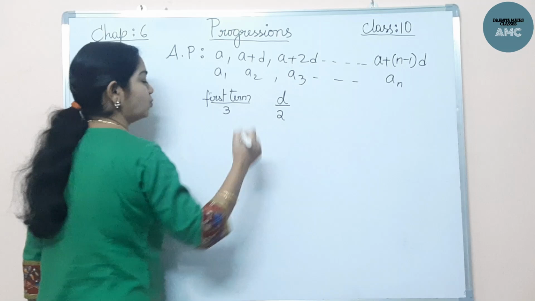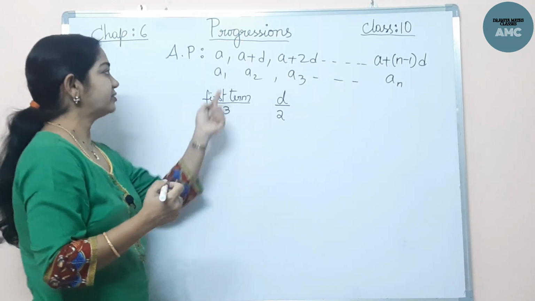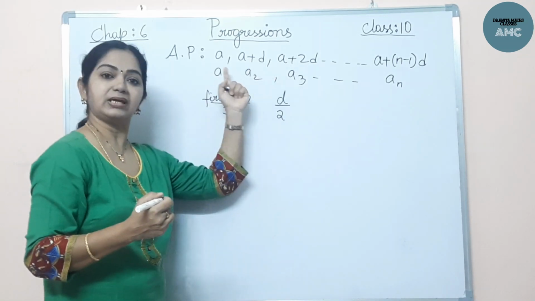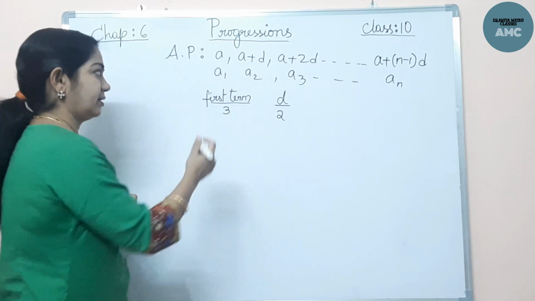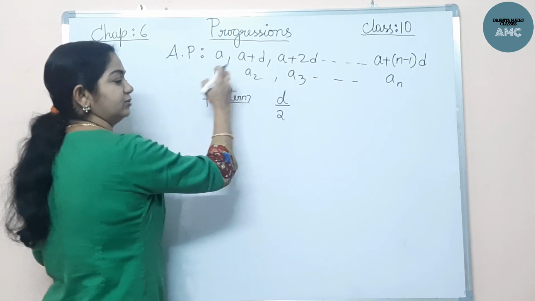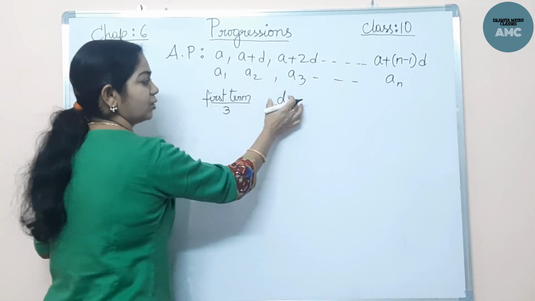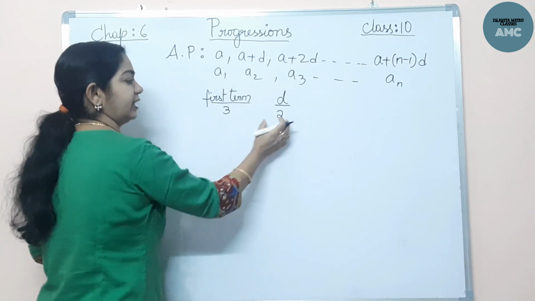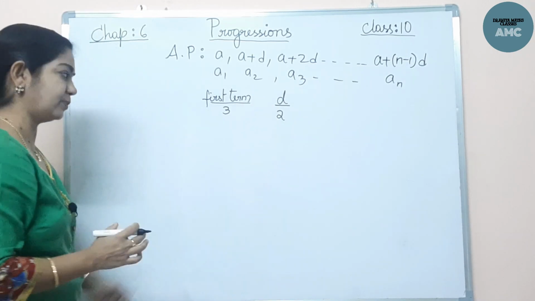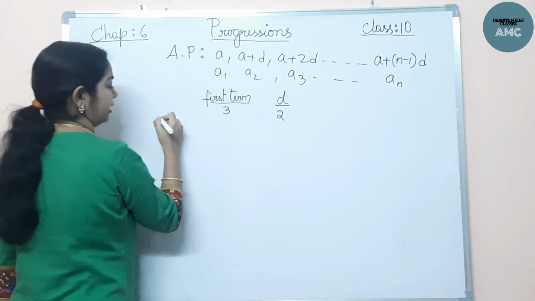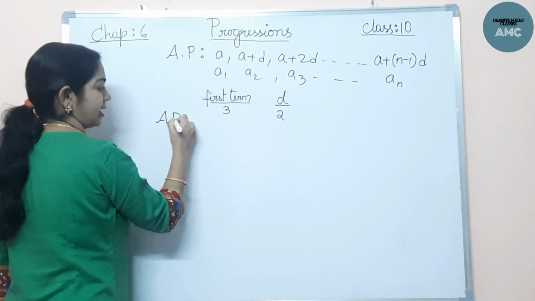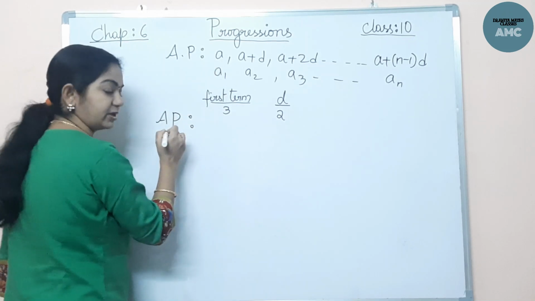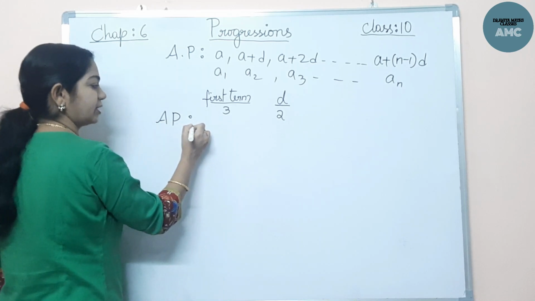We also know what d is: the difference between two consecutive terms in an AP, that is a2 minus a1 or a3 minus a2. Now I'll form the AP, that is arithmetic progression, which can be written in short as AP.